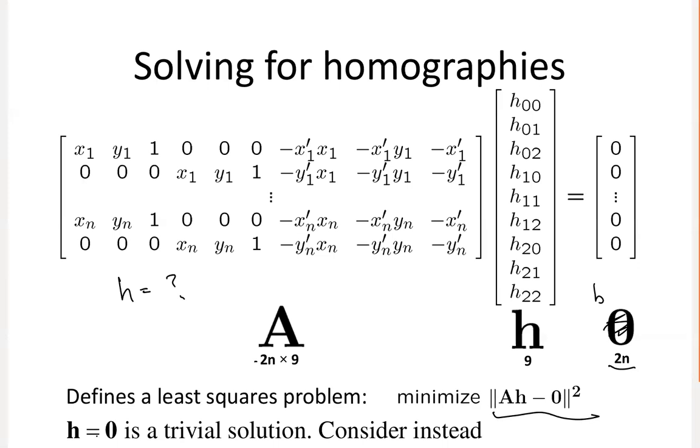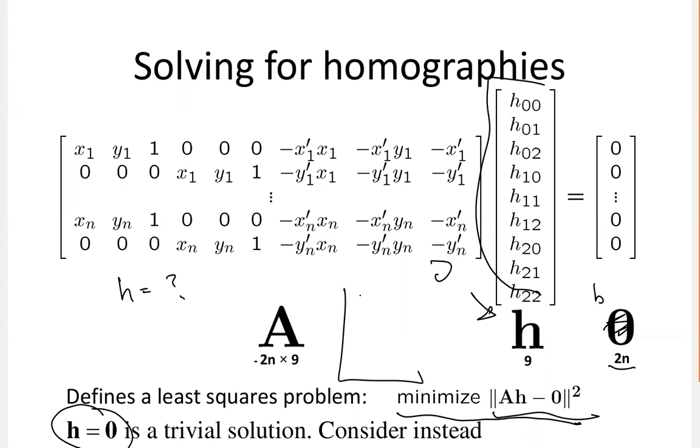The solution is right here, right? But yes, it is something trivial. If I just try to minimize this without putting any constraint, it will just be equal to 0. I can put all zeros, then I get Ah equal to 0. But that is not the solution I want, because remember, h are the coefficients of the matrix, and I don't want an all-zero matrix for my homography.